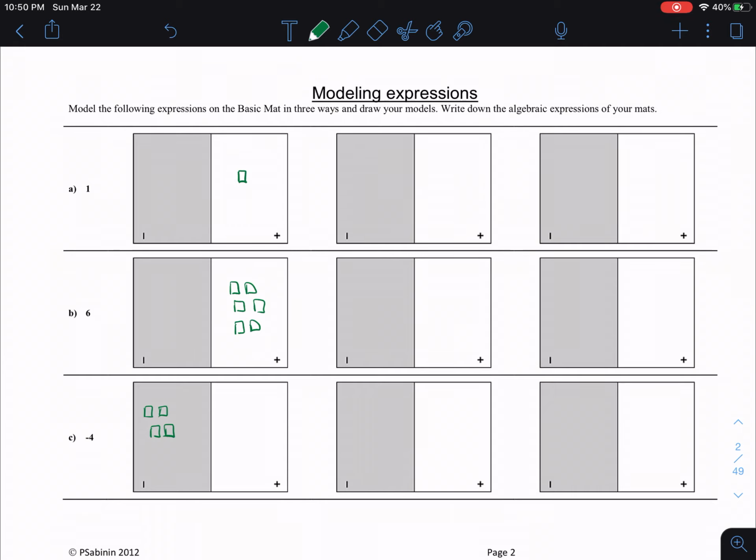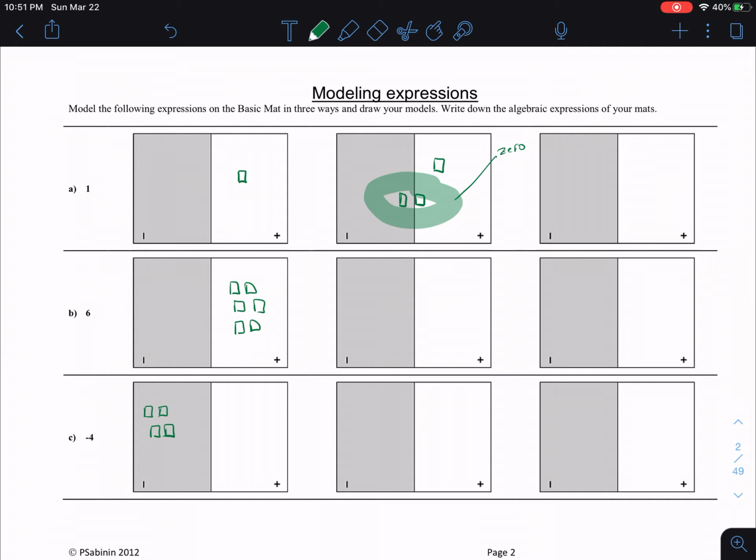So if you had an idea, that's great. The way that Algeblocks is built is that it allows you to use a concept like zero pair to model 0, to change the look of the mat, but not to change its value. So this is actually going to be a 0 pair. And why is it a 0 pair?